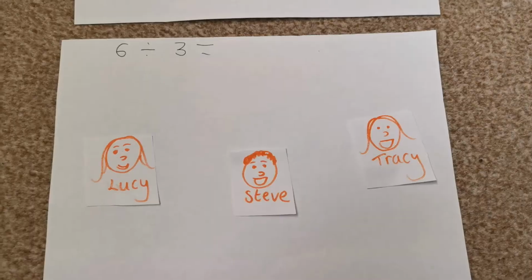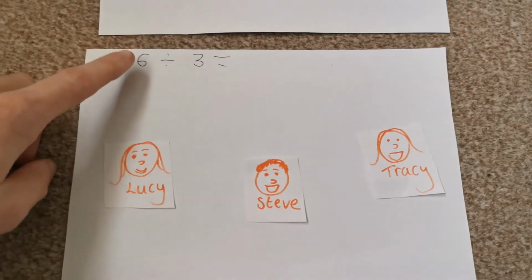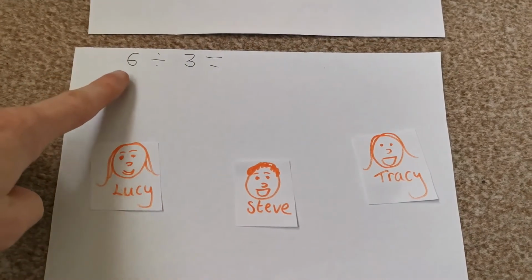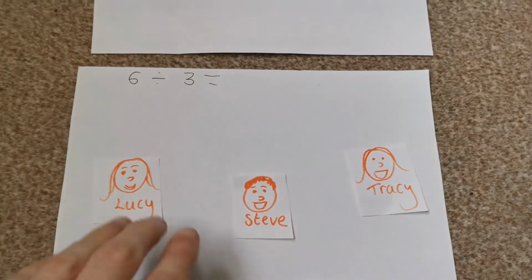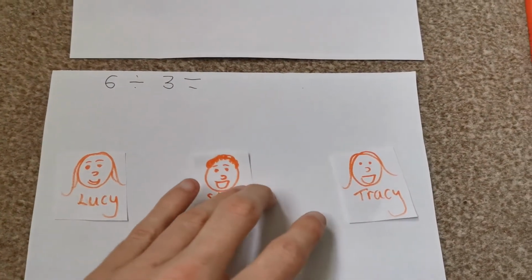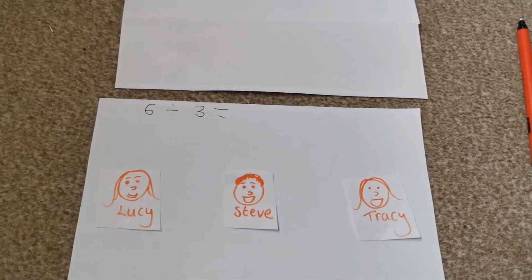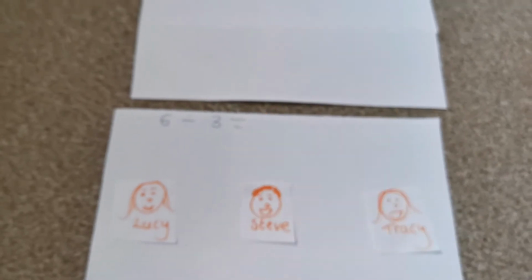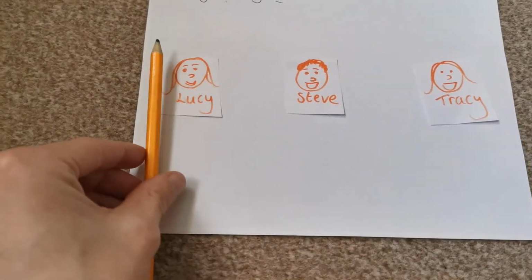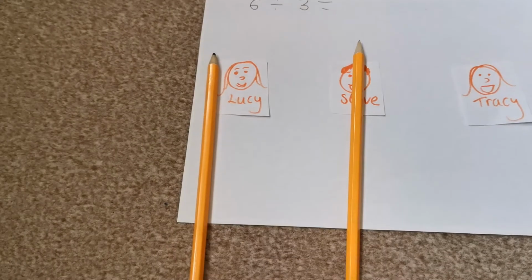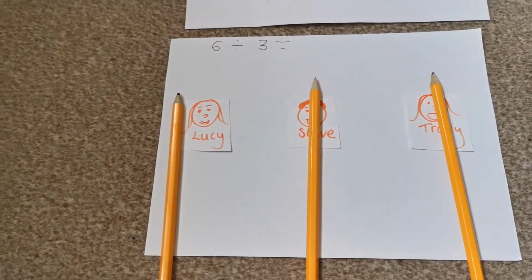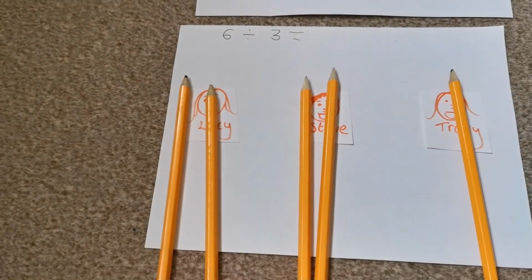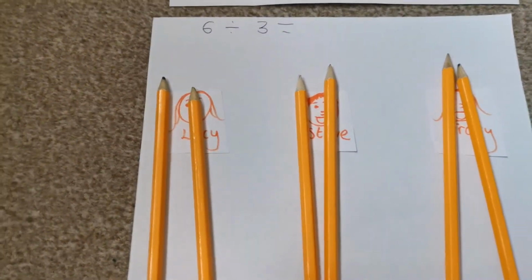Let's do that one. So here, just to make it easier, I've written at the top 6 divided by 3. 6 pencils divided by 3 people. So we've got our 3 people, and we've got our 6 pencils. Let's share them out. So 1 for Lucy, 1 for Steve, 1 for Tracy. 1 for Lucy, 1 for Steve, 1 for Tracy.